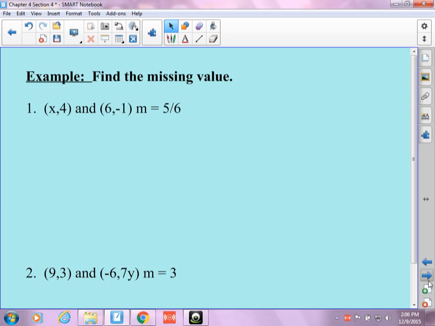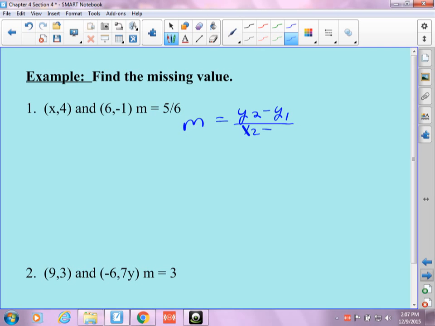We're going to find the missing value. Now this is going to seem like, oh my goodness, this is so hard. It's really not. All right? Let's write the formula down first. So I have M equals y2 minus y1 over x2 minus x1. Okay, and I'm going to label my points.